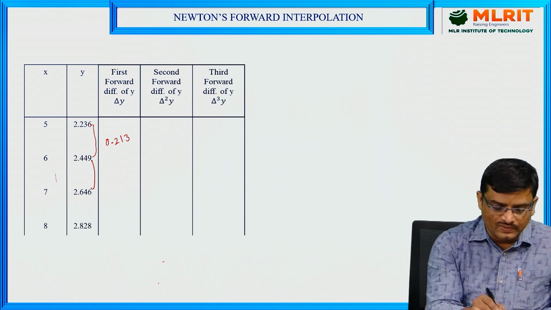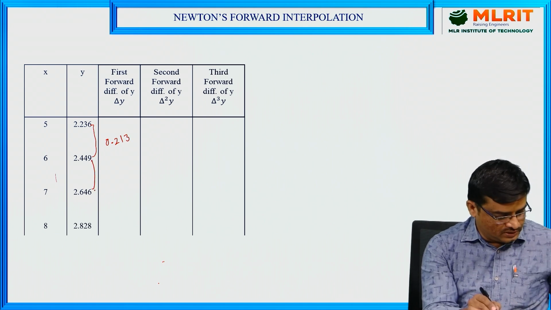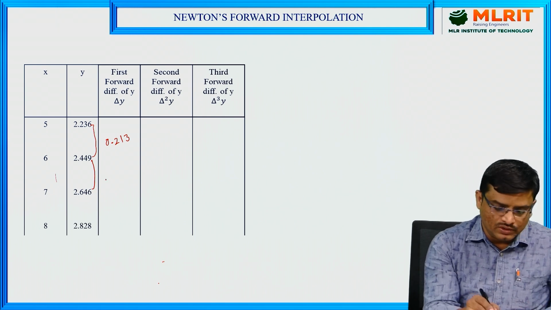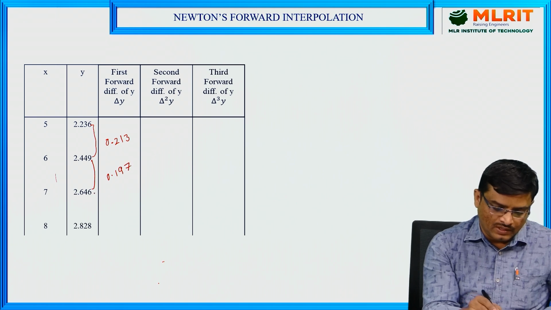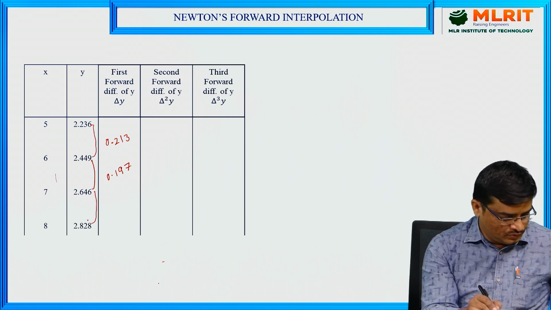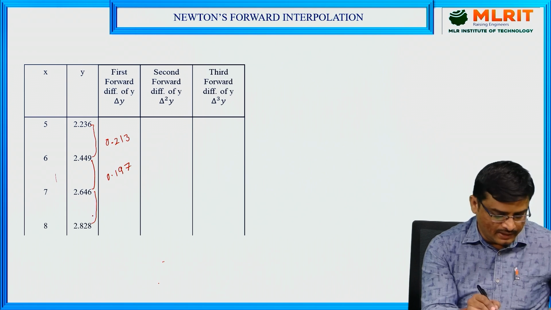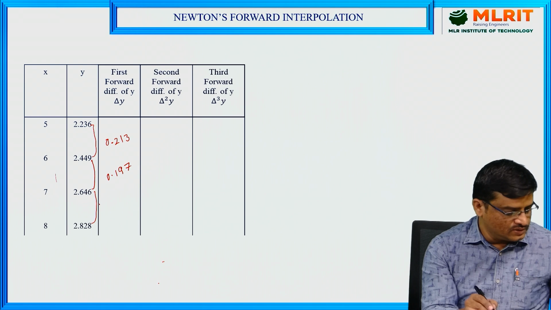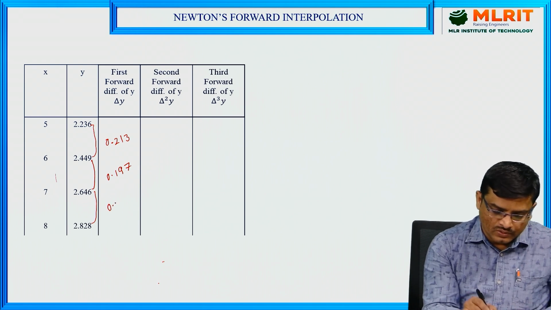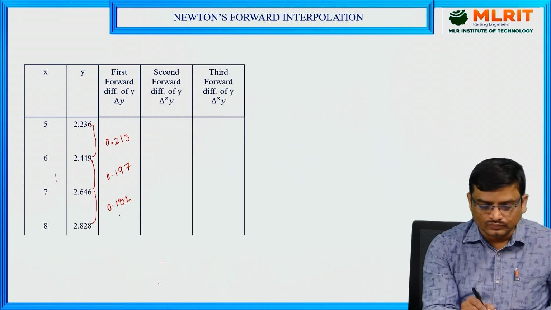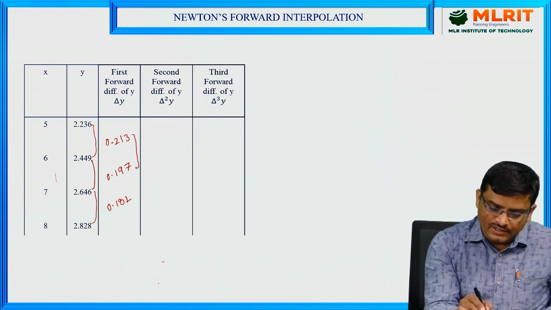Now the next pair: 2.646 minus 2.449, you will get 0.197. Next take these two values, 2.828 minus 2.646, and here you will get 0.182.